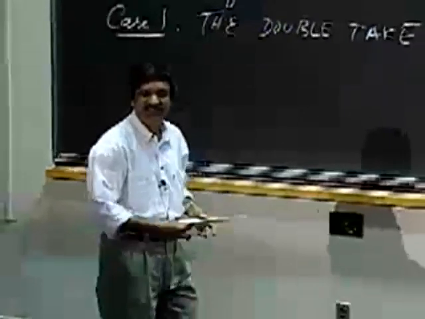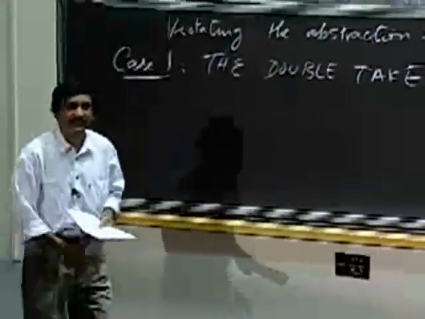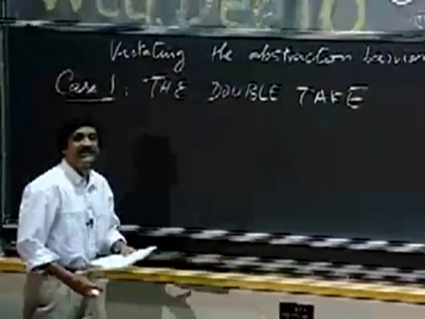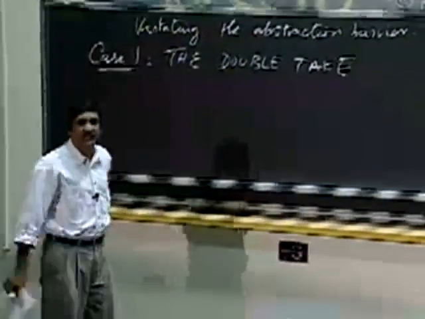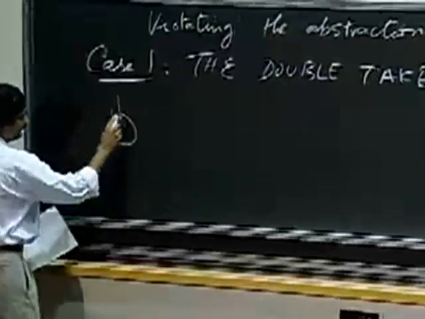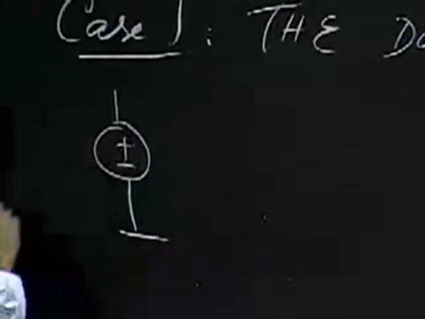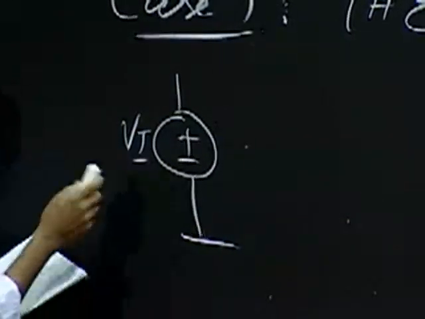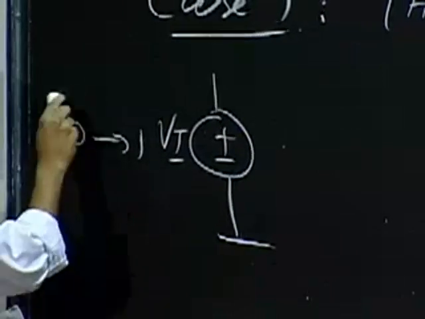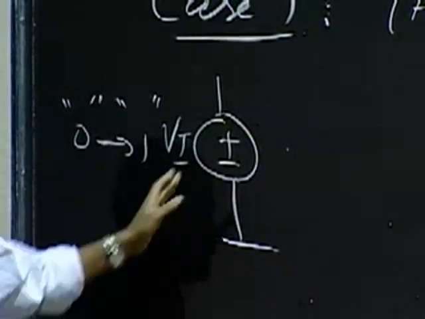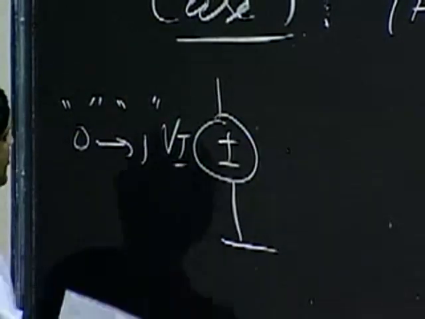So let me sketch out a small little circuit for you and take a look at the expected behavior and then show you what really happens in real life. So in the first case, I have a voltage source. And what I'm going to do is make a transition from a 0 to a 1. Think of it as a step input.